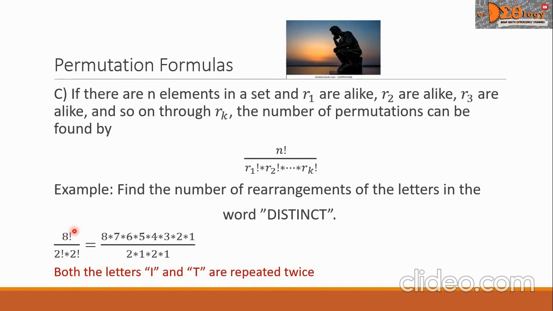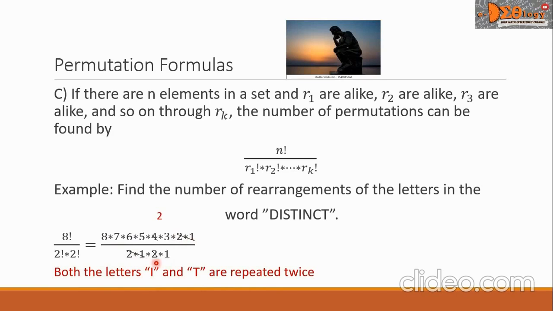The 8 factorial becomes 8 times 7 times 6 times 5 times 4 times 3 times 2 times 1 all over 2 factorial, which is 2 times 1, times 2 factorial, which is another 2 times 1. To simplify further, we can cancel this 2 times 1 with this 2 times 1 here.